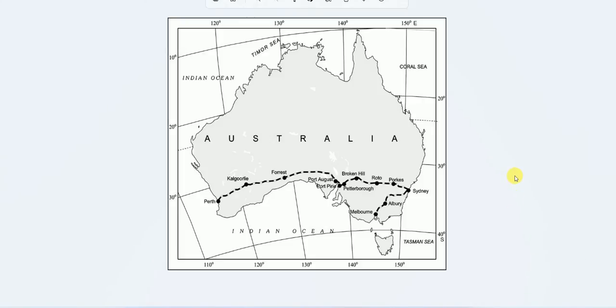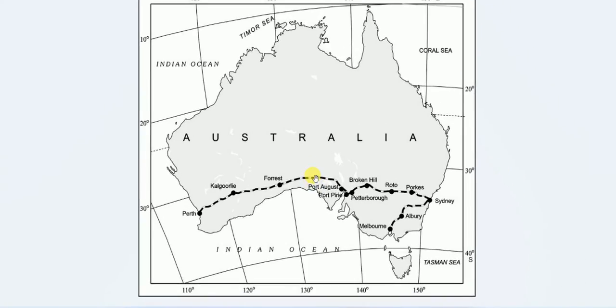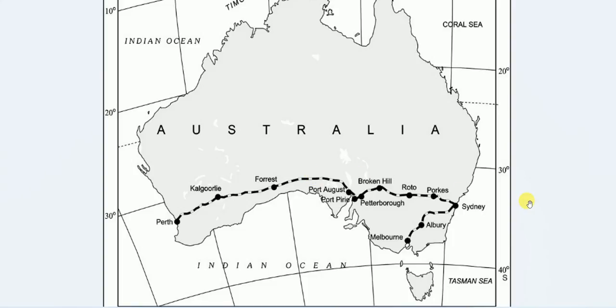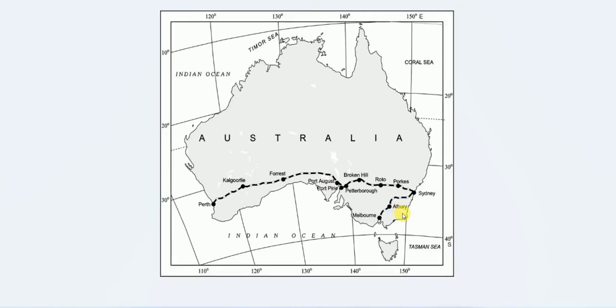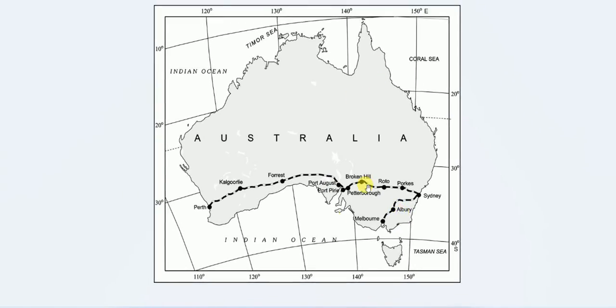This is the Australian Transcontinental Railway line. Perth is in the west here, and Sydney here in the east, passing through Calgary here, Forest, Broken Hill, Port Augusta. Another one is running north-south.